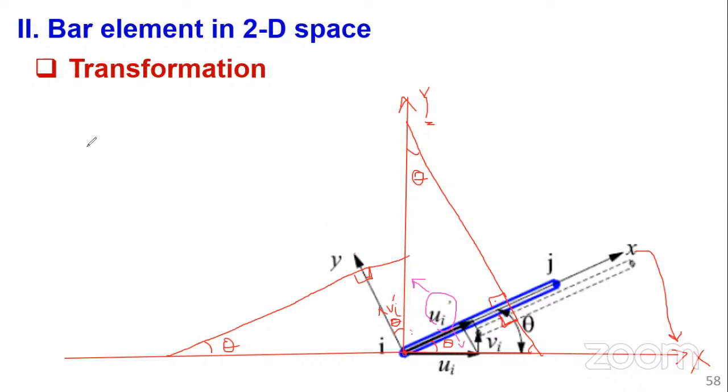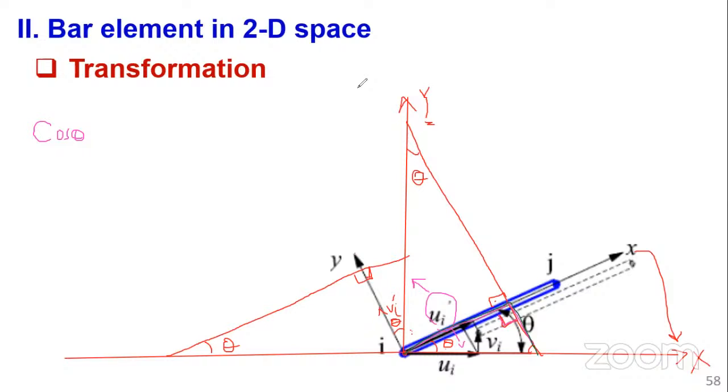So if I use the cosine, cos theta, if I use this triangle, the first one, cos theta is equal to, of course, adjacent over hypotenuse. If you see this is a right angle triangle, so I'm using this triangle here.